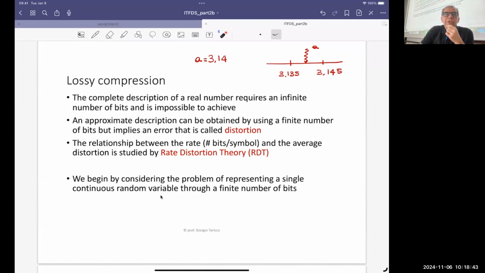If we want to describe completely and exactly a real number, the only way is to use an infinite number of digits, but we know that this is not possible because we are unable to represent a real number by an infinite number of digits.